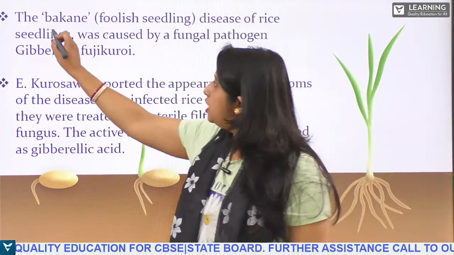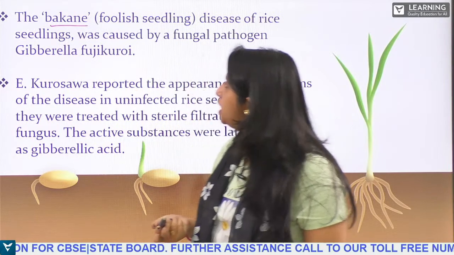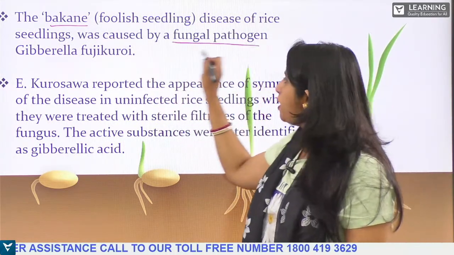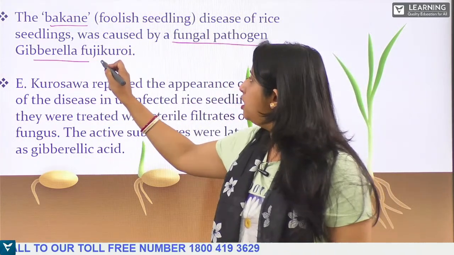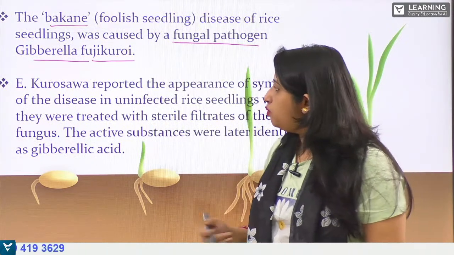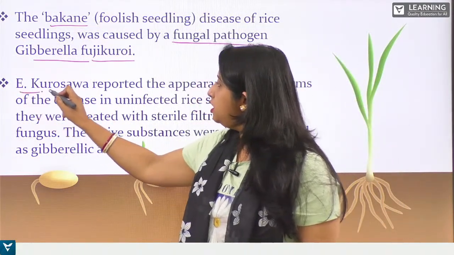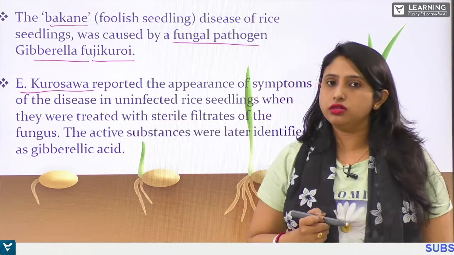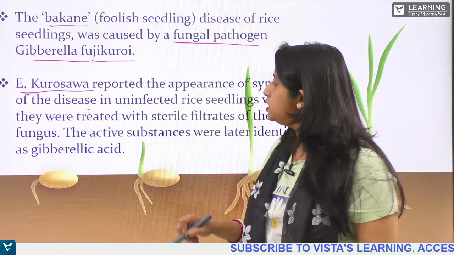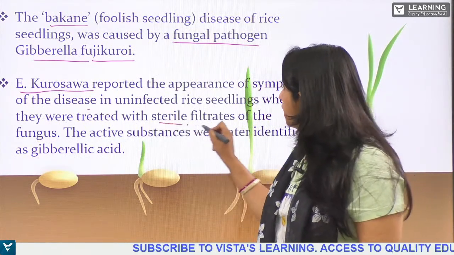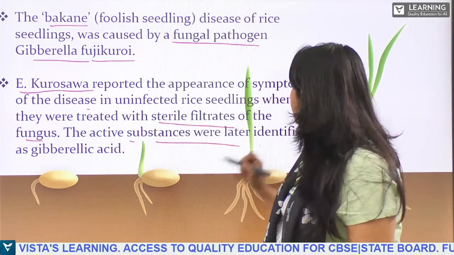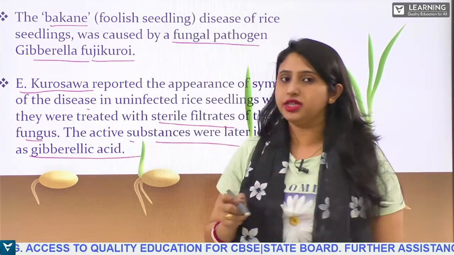Next, the bakanae, that is the foolish seedling disease of rice, was caused by a fungal pathogen, Gibberella fujikuroi. Later on, the scientist E. Kurosawa reported that the symptoms of this disease appeared when plants were treated with sterile filtrates of the fungus, and these active substances were later identified as gibberellic acid.